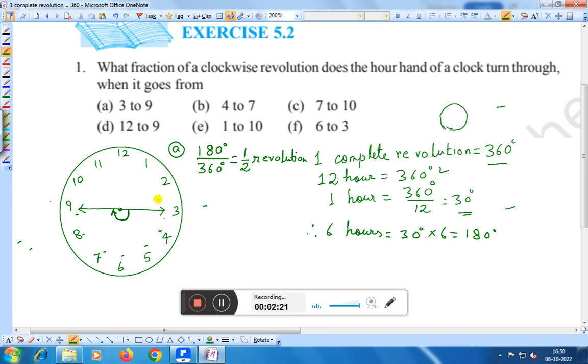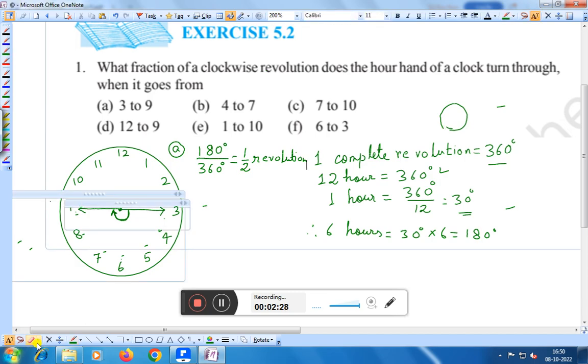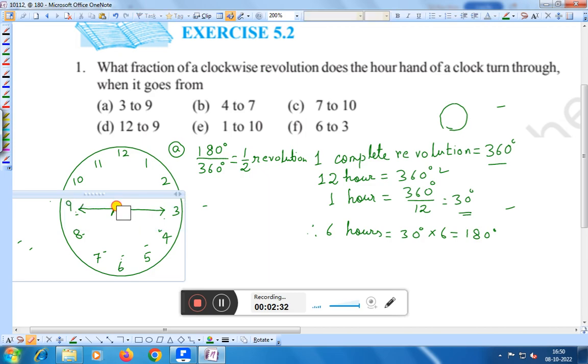Now question number B, 4 to 7. If you go from 4 to 7, how many hours do you have to take?